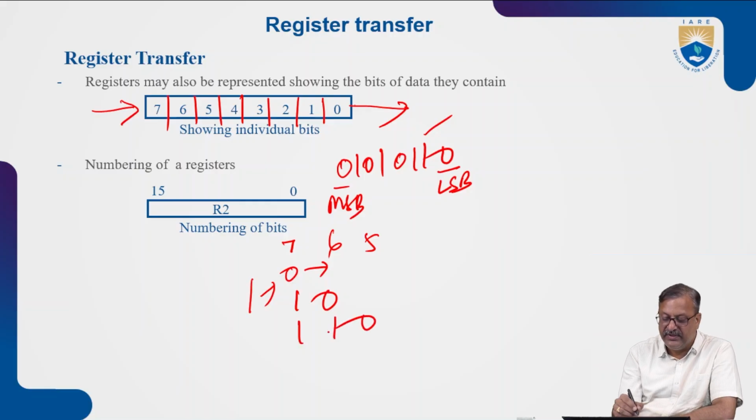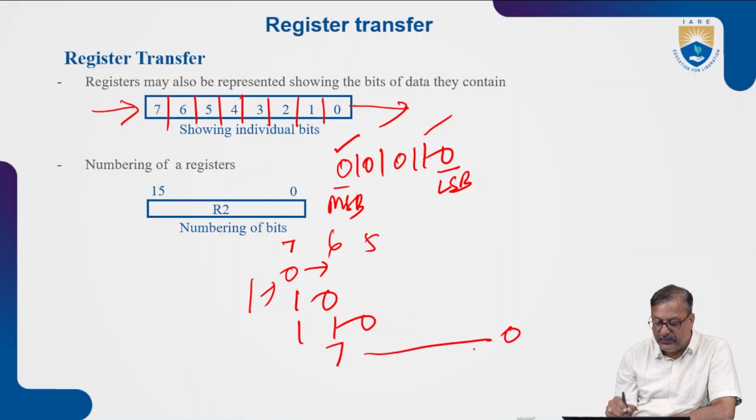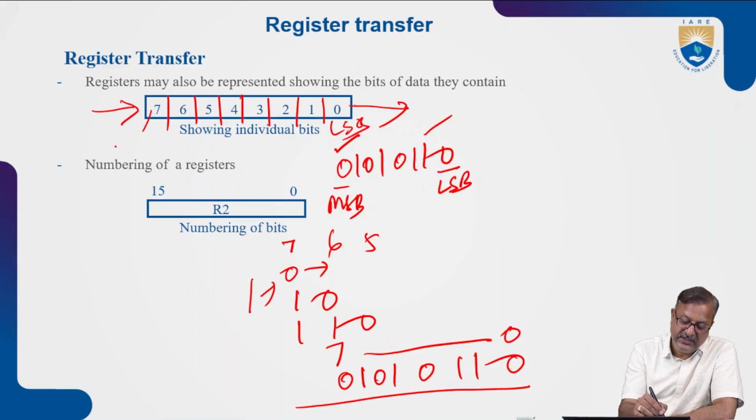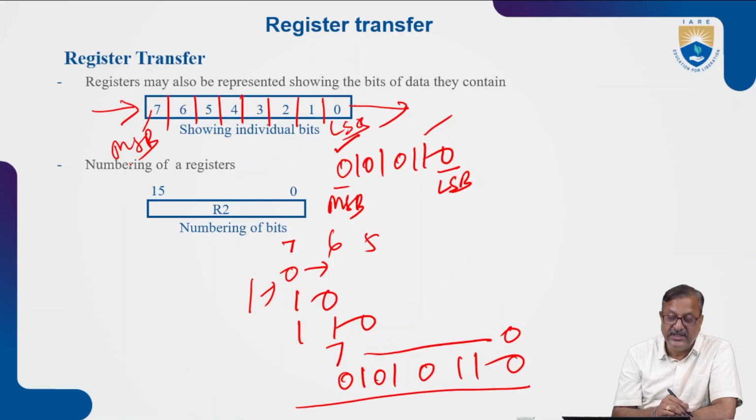In this way, when the most significant last bit enters, the bit positions from 7 down to 0 will be 0, 1, 0, 1, 0, 1, 1, 0. In this way, the data is entered into the registers in the respective bit positions, indicated from 0 to 7. Here 0 stands for the least significant bit position, and 7 is the most significant bit of the 8 bits defined here.